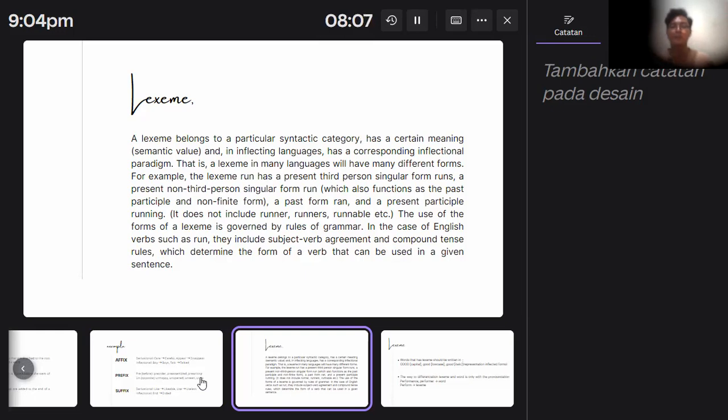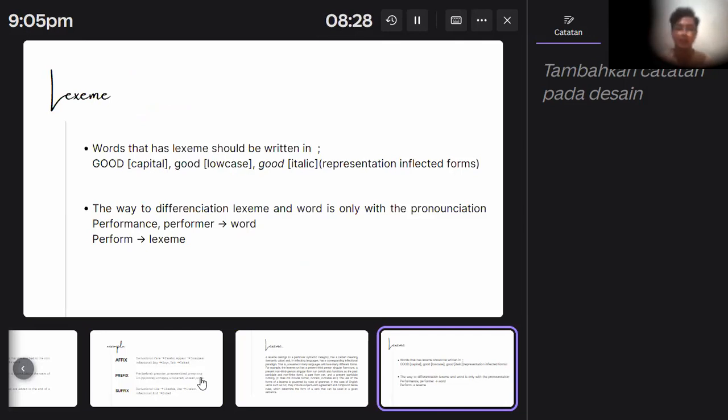The use of the forms of a lexeme is governed by rules of grammar. So in the case of English verbs such as run, they include subject-verb agreement and compound tense rules which determine the form of a verb that can be used in a given sentence. A lexeme should be written in capital letters, lowercase, and italic.